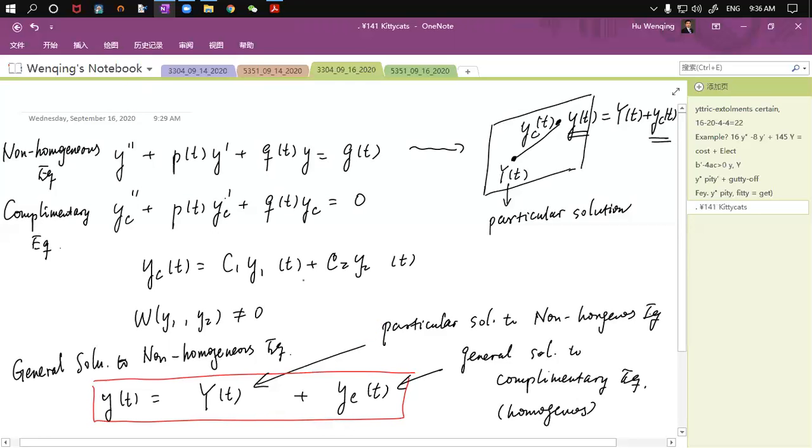But you don't need to know that many. You just need to know one particular solution, because if you know one particular solution, then the general solution is formed by this particular solution plus a general solution to the complementary equation. Is that good, family? Okay, so this is a little bit abstract, but it is a very useful theory.